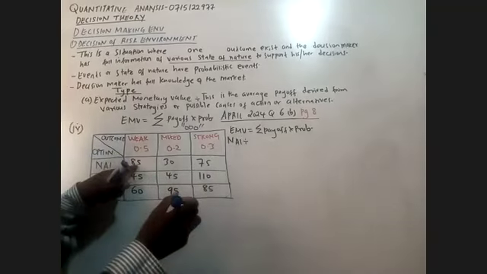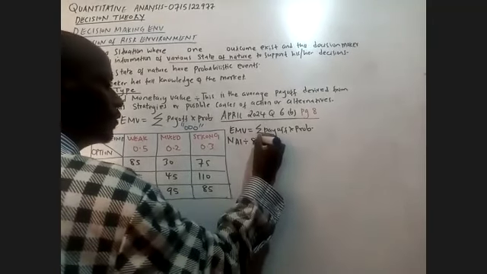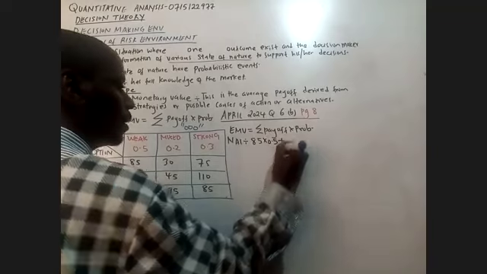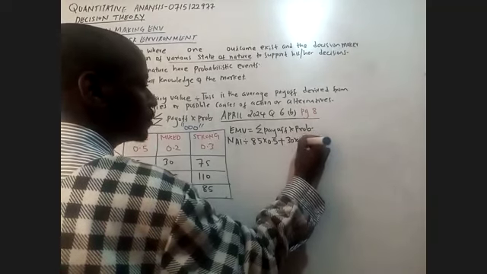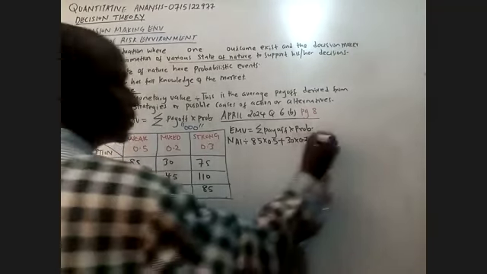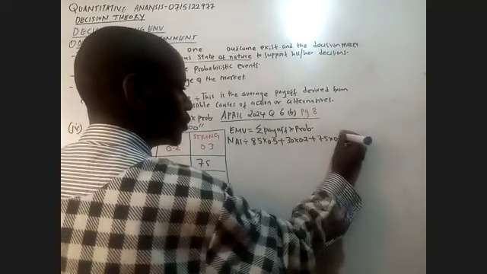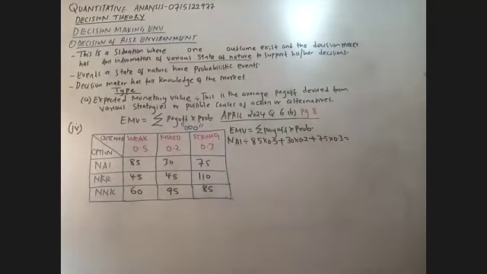The payoff is 85 times 0.5, then 30 times 0.2, and 75 times 0.3. What will the answer be? Give me the answer.